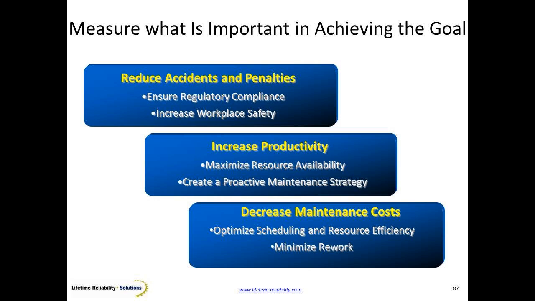When it comes to getting the right performance indicators, we want to make sure we are measuring things that are actually sensible and reflect what is intended to be measured. For example, up here, these are regular indicators a lot of companies use. If the goal is to reduce accidents and penalties, then I need to have an indicator that reflects that what we're measuring is about reducing accidents and penalties.